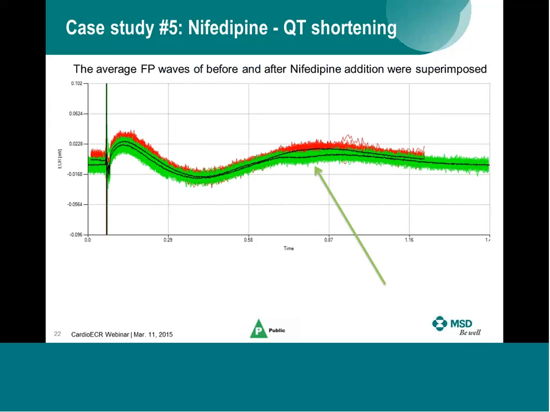Using the detection method, we detect the T wave rate, and this is 30 minutes after 10 nanomole nifedipine addition. In this case, the QT, or actually the field potential duration, was shortened by about 20% by 10 nanomole nifedipine.